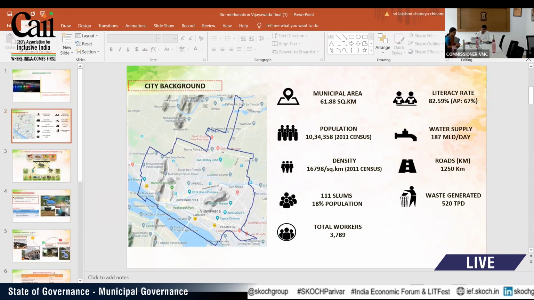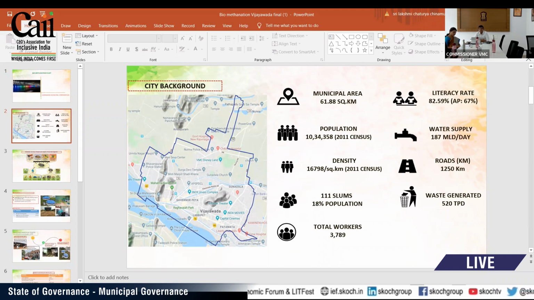So, quickly, our city profile. We are a densely populated city with just 61.88 square kilometer of the city area, but our population as per 2011 census was 10.3 lakhs. And currently, including the floating population, it is projected to be 15 lakhs. As far as the literacy rate is concerned, we are good.